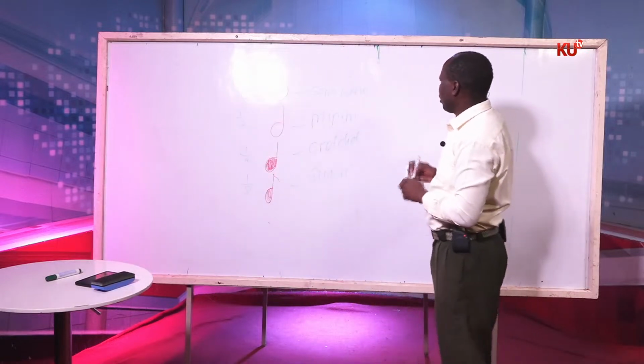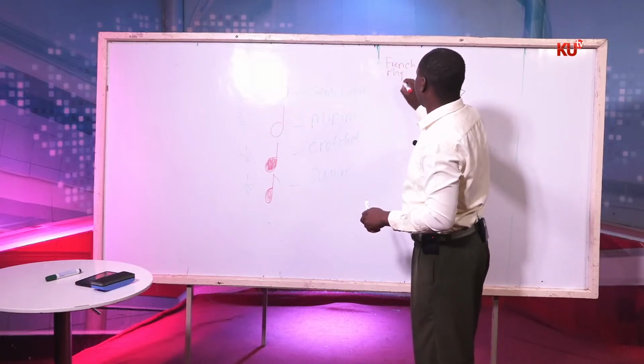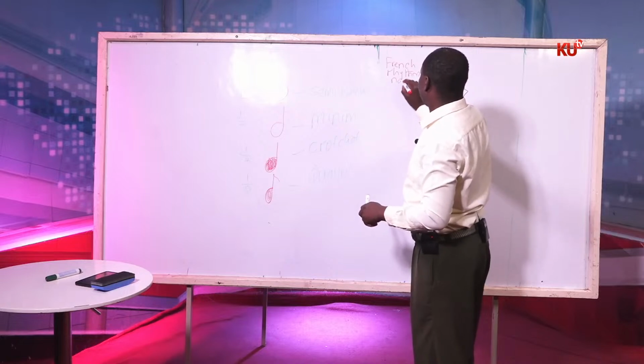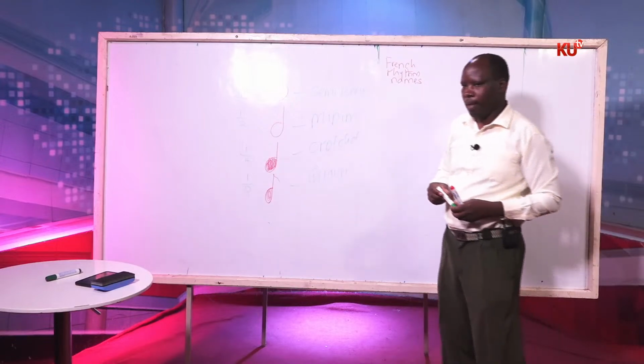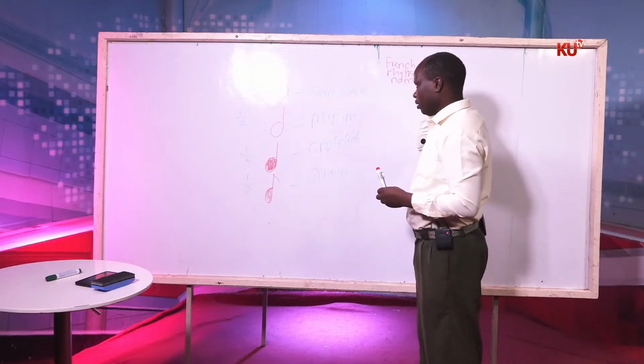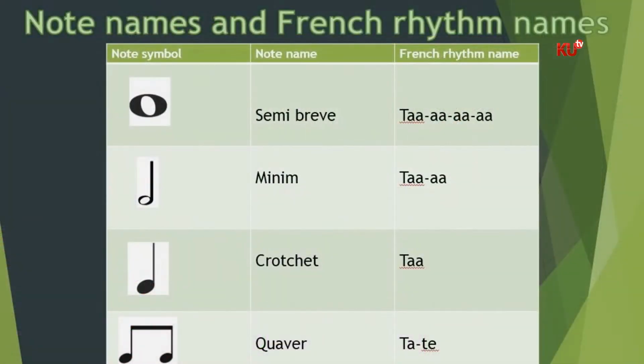So let's look at the French rhythm names. The French rhythm name of the semi-breve is written this way, and it is pronounced as ta, a, a, a.